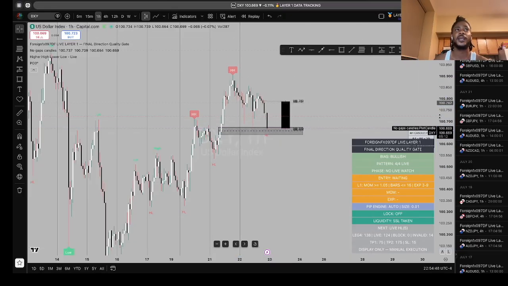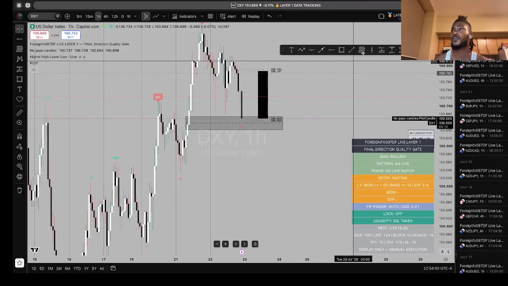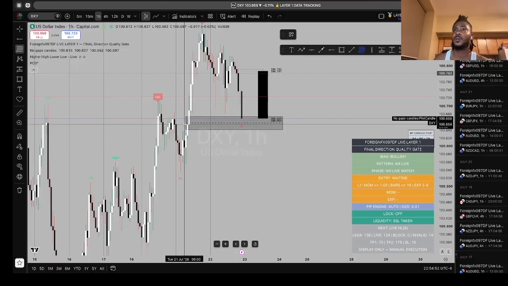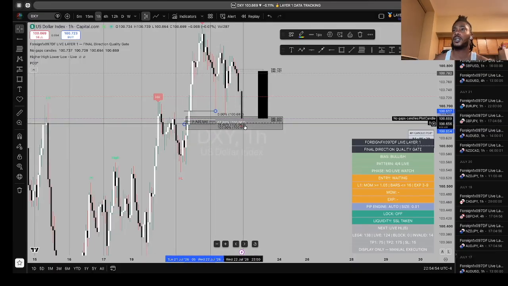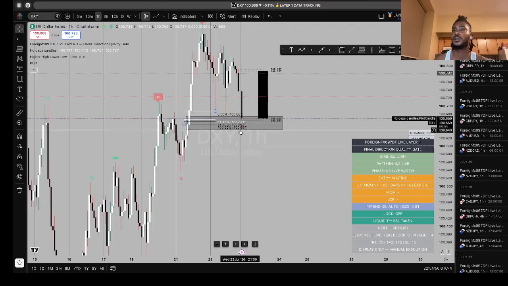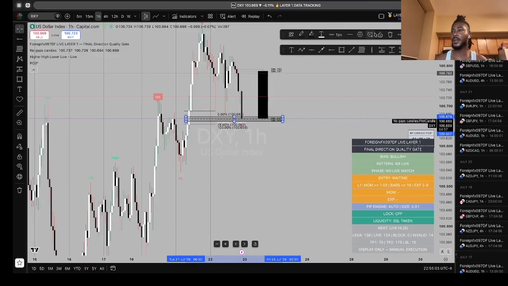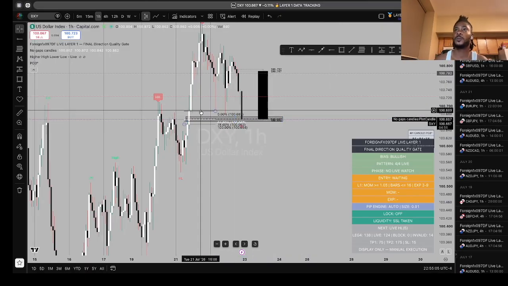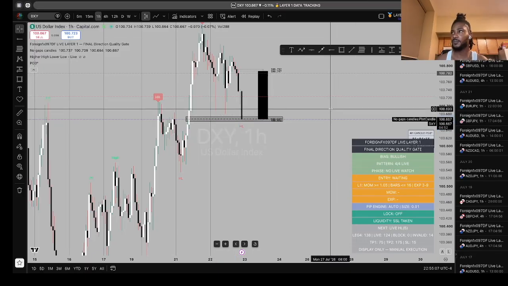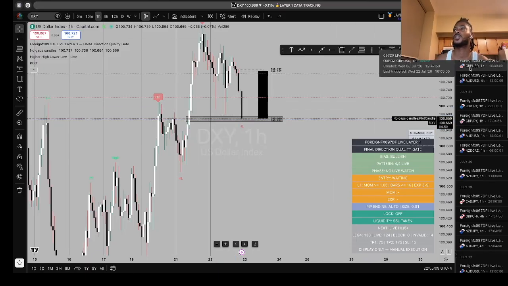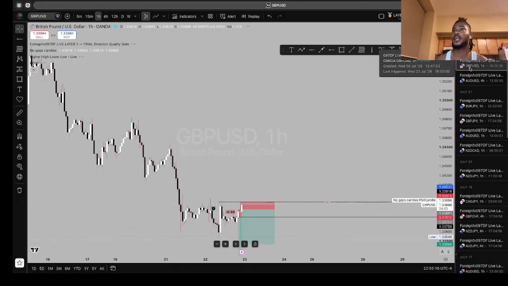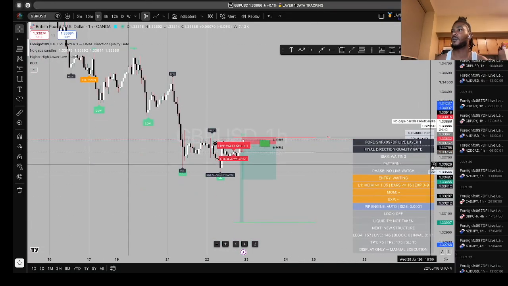Maybe we could get a reaction from this zone, and then we could get GBP USD to go down. But like I said, overall, if it goes down or not, once AUD USD pulls through, we're going to have some decent profit. Looking at the dollar index, it's getting a little turn right there.